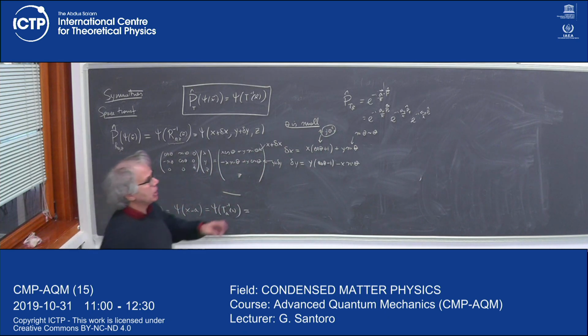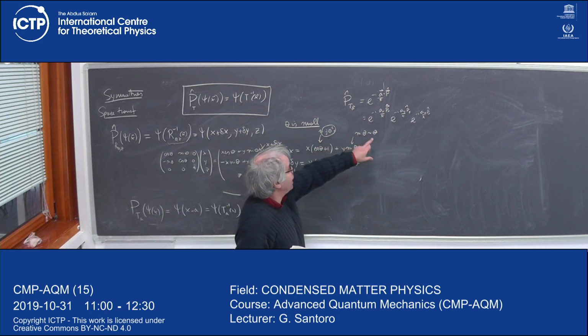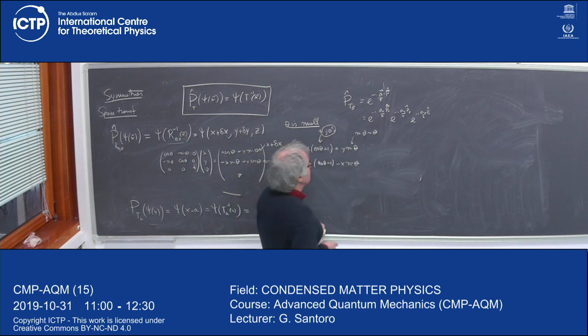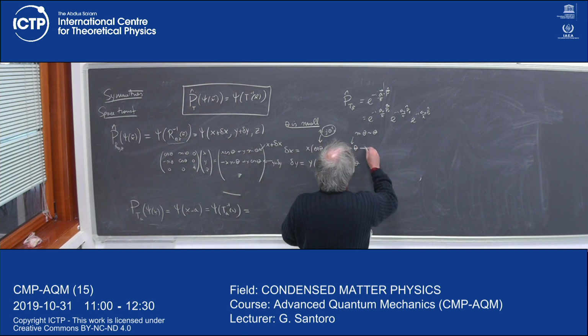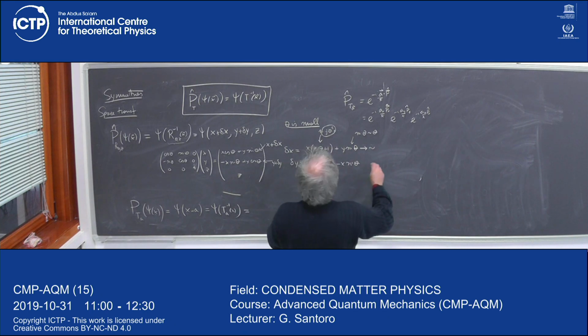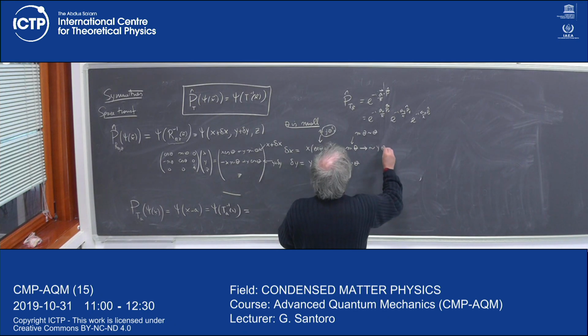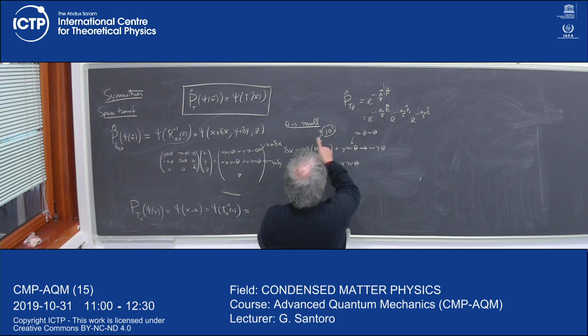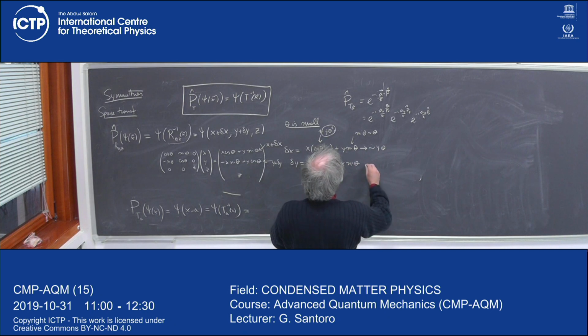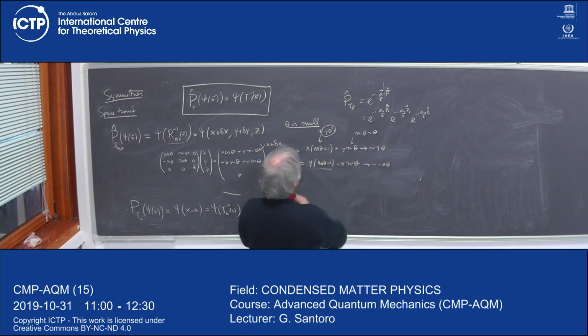So since this is of order theta squared and this is of order theta, to order theta I can simply assume that this object is equal to y times theta, and completely forget about this. And this object is of order minus x times theta, and completely forget about this.